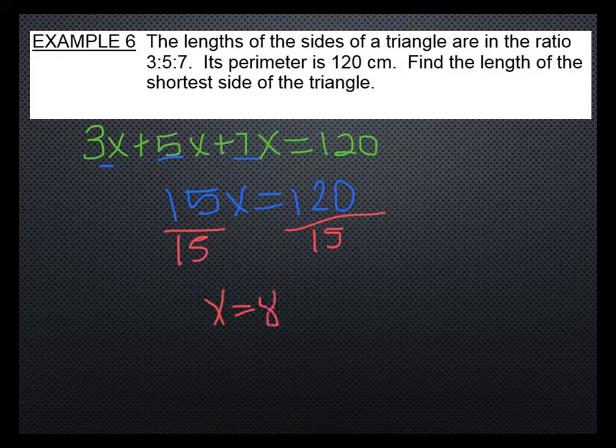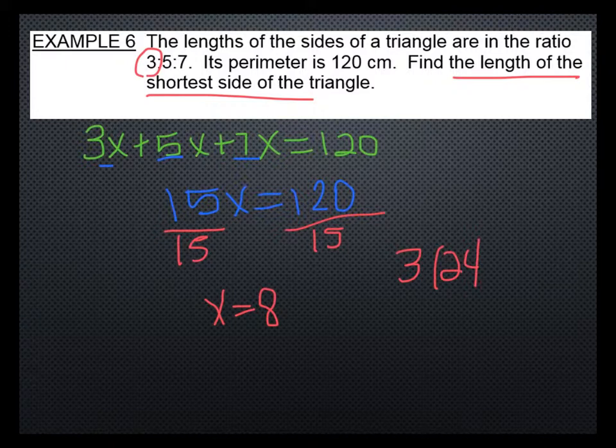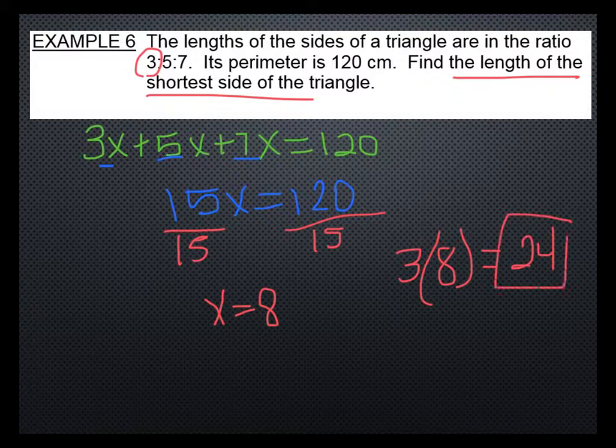So our x value is 8. And what you'll notice, it says find the length of the shortest side. The shortest side of that triangle is the 3. So 3 times 8 would give us the length of that shortest side. 3 times 8 is 24.